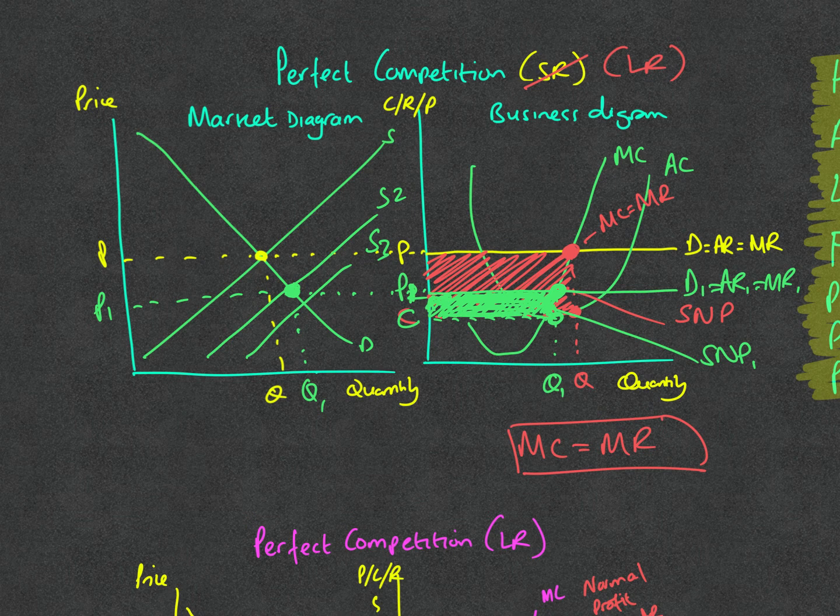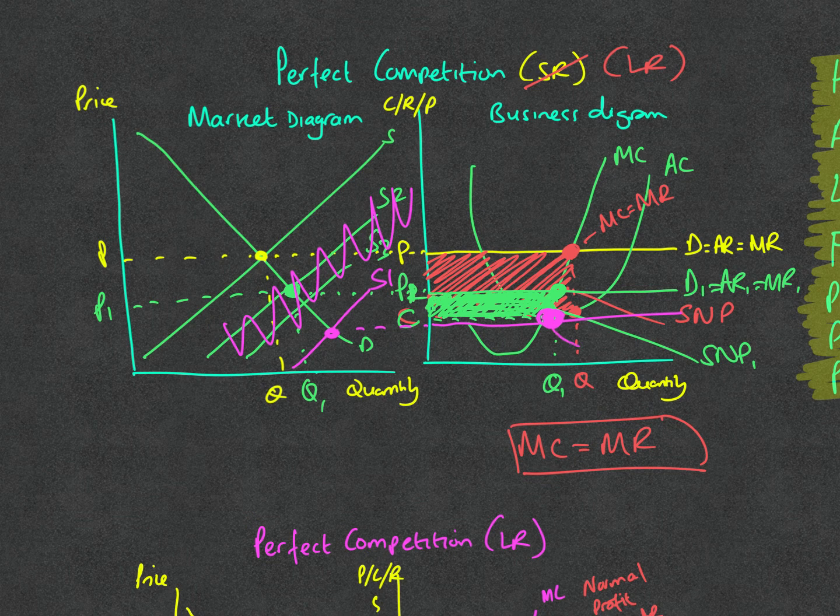But if you want to just draw the transition, well, you notice here in purple again, where the average cost is the lowest possible point and MC cuts through it, you would have to make your last demand curve go through there, and then you work back to the demand curve there, and that's where your supply curve would shift. So you can call that S1, and that would then negate the need to do the transitions, so you can remove those two, okay?